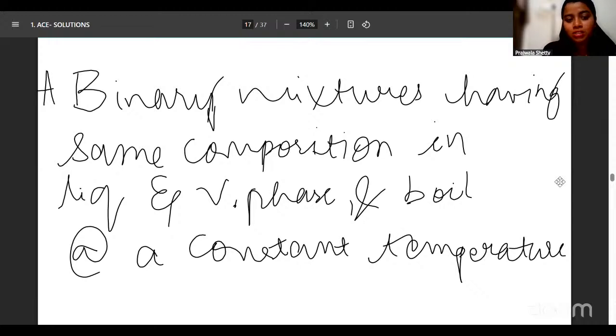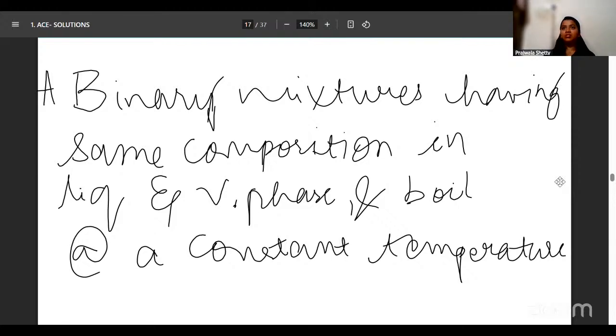This is the standard definition of azeotropes. So please make sure that you write this definition in your exams so that there will be no option to reduce your marks. Again, what is an azeotrope? A binary mixture having the same composition in liquid and also in vapor phase and boiling at constant temperature is what an azeotrope is defined as.